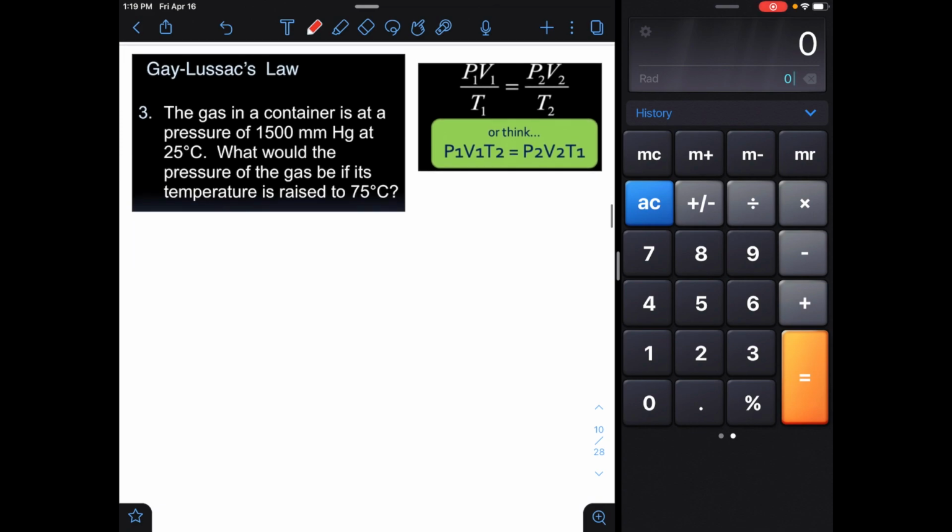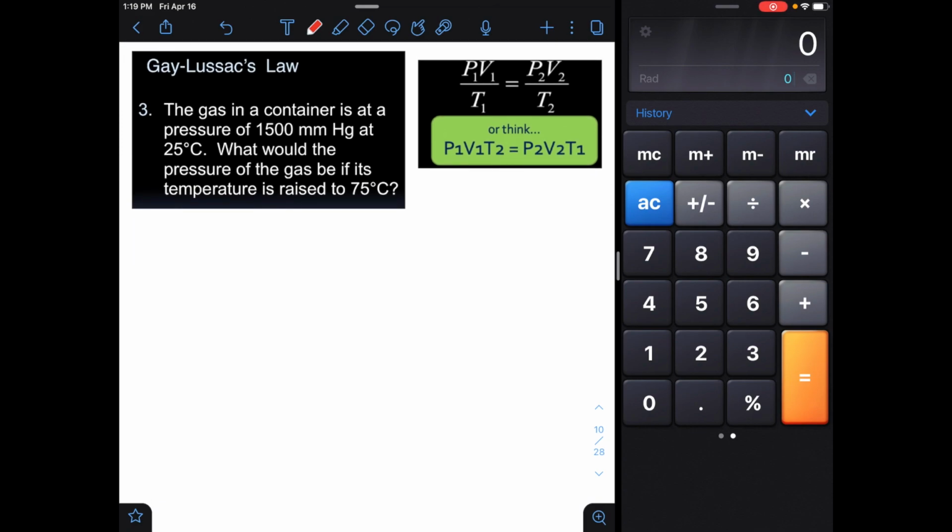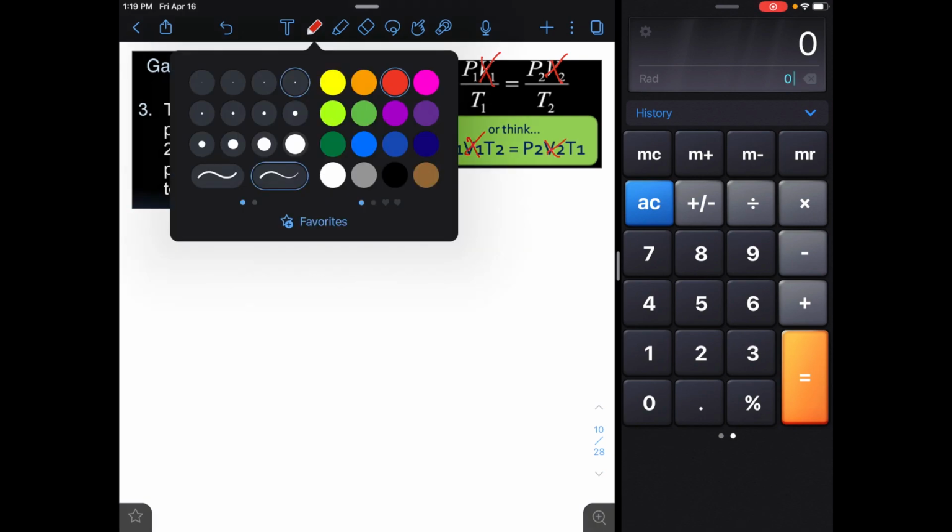Moving along, here's an example of Gay-Lussac's law. The gas in the container is at a pressure of 1,500 millimeters of mercury at 25 degrees Celsius. What would the pressure of the gas be if its temperature was raised to 75? Now, in this case, we're assuming we have the same volume of the container, so you can cross out the V's. We're not going to use those.